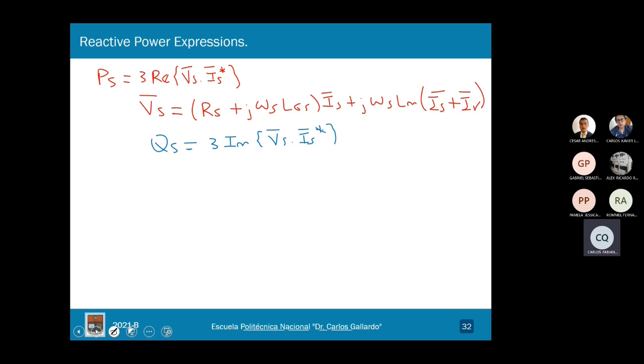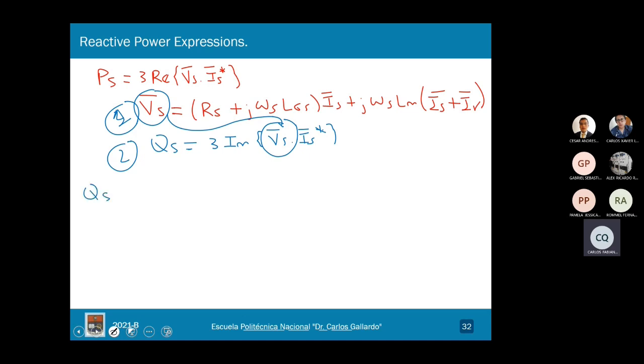Let's call this equation number 1, and this equation number 2. Substituting equation number 1 into equation number 2, I will get the reactive power.